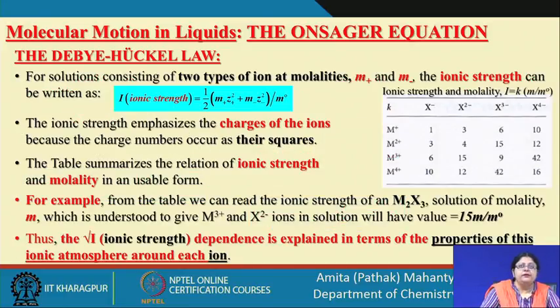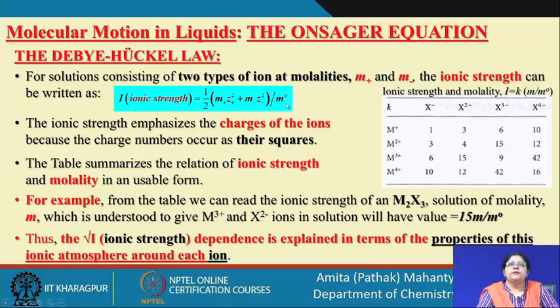So, here if you have 2 different types of ions, each will have a molality. If they are from 1 electrolyte, then m plus and m minus will be the molalities of each of the ions, and then the ionic strength will be represented as the molality of the plus ion into the charge of the ion which we are talking about, and then the molality of the minus ion into the charge square of the minus ion, divided by m naught.